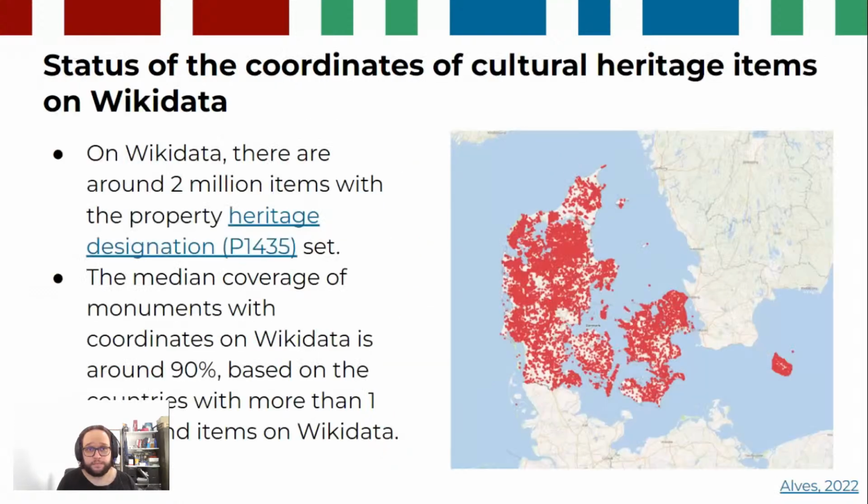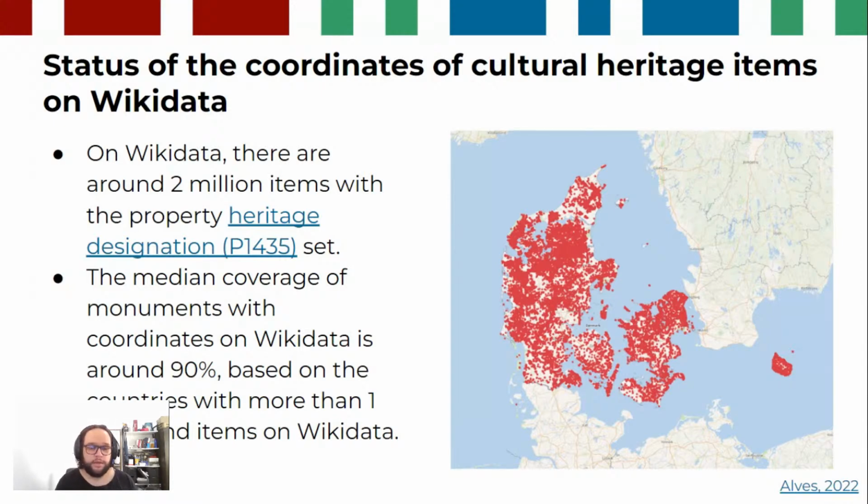And I want to share with you the status of the coordinates of cultural heritage items on Wikidata as of today. So we have Wikidata, a database with a lot of open information, metadata in the public domain under a CC0 license.